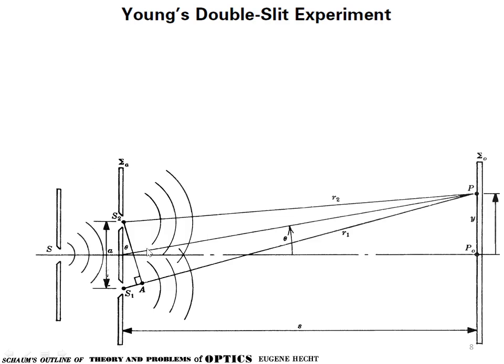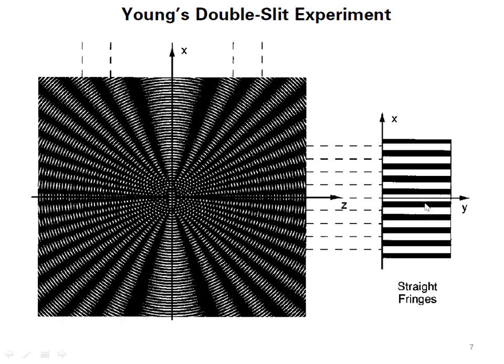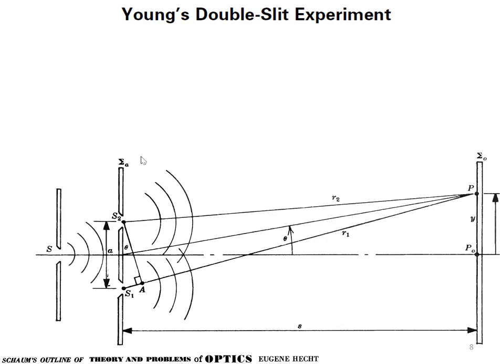Now if you have done that exercise correctly, this should be straight lines like this. The interference pattern should be patches like this. Why so? Because in this case we are trying to see the interference pattern in a plane containing the two sources. This is the plane in which we are studying the interference pattern.